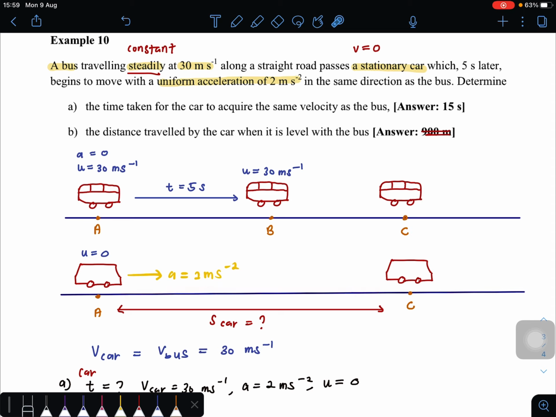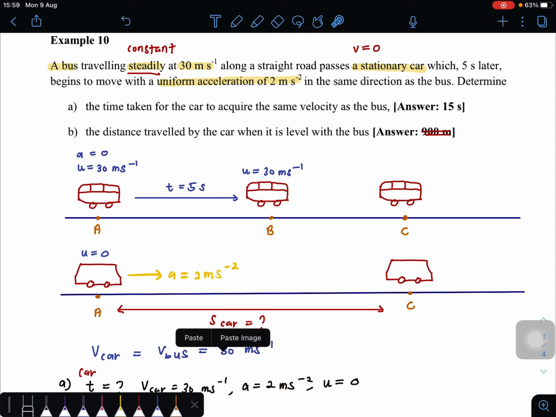Okay, so from this diagram that I have already drawn here, you can see the bus has 3 points: point A, point B and point C. So the distance here is actually the same as the distance here.